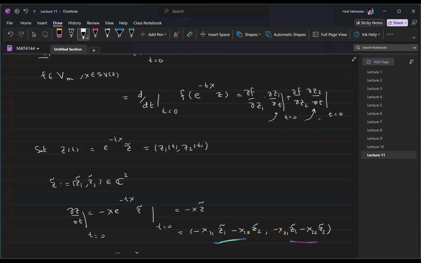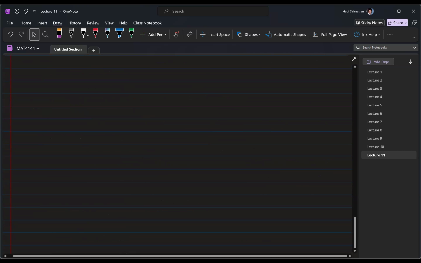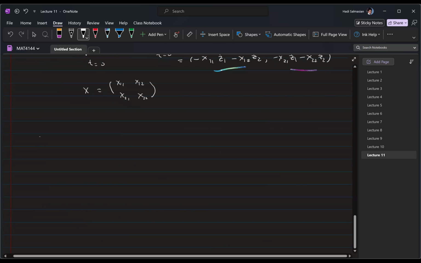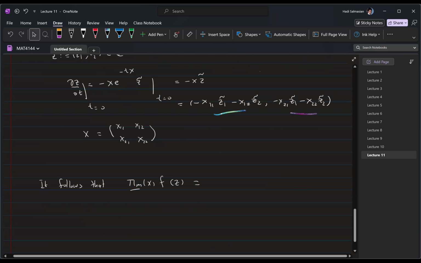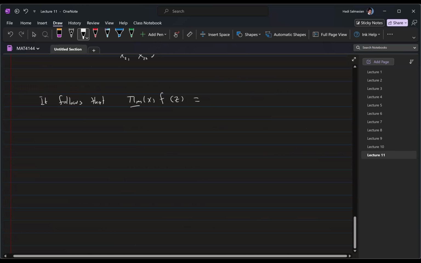Maybe I just write in the end a bit lower. So I'll just write, so it follows. Pi of x applied to f at z. Now this formula was written in terms of the tildes, but I'm really evaluating at some point z1, z2 that I'm plugging in. So I could write these coordinates without the tildes.